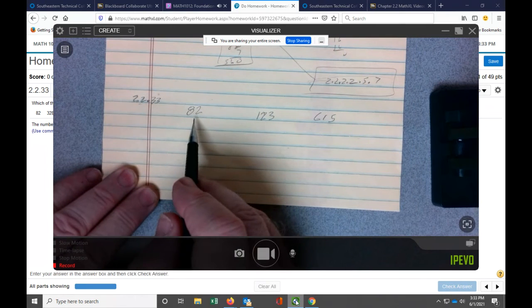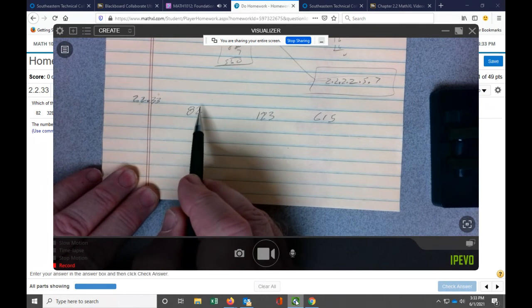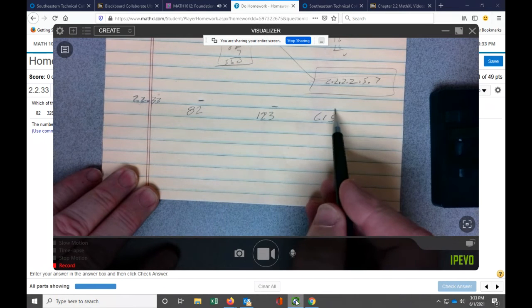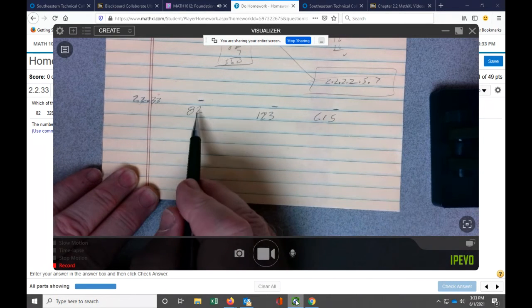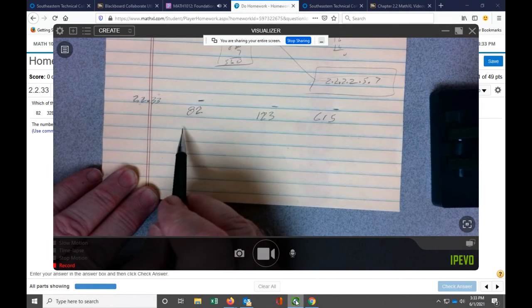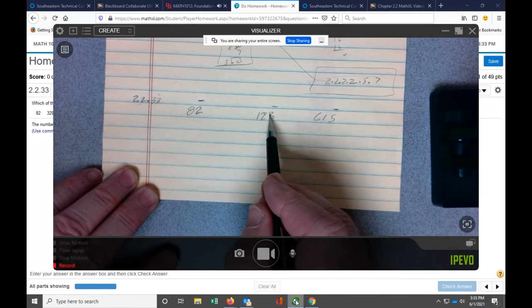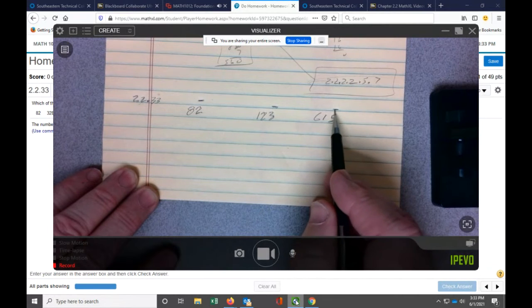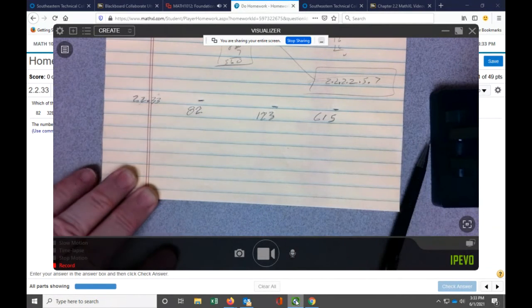And the point I made a moment ago is that if the ones digit, there's the ones digit, there's the ones digit. So in this particular value, 82, I have an even number, 2, in the ones digit. This one I have an odd number, 3, in the ones digit. And this one I have an odd number, 5, in the ones digit.